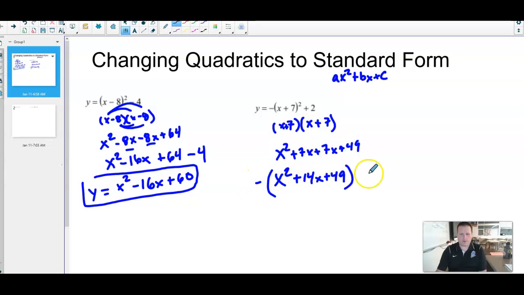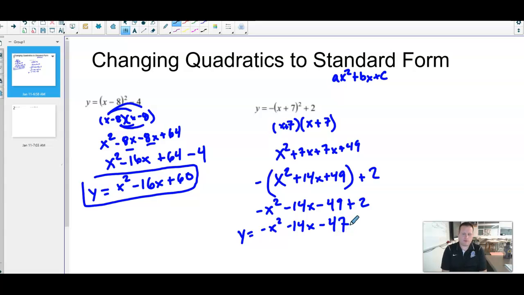I have something outside of the parentheses, so I'm going to drop that down, and then I have to distribute that negative through to everything. So this would be negative x squared minus 14x, and then minus 49. And I can drop the 2 down, and it can combine with the 49. And so I'll have y is equal to negative x squared minus 14x, and then this will be minus 47 is what I'll end up with on that one.